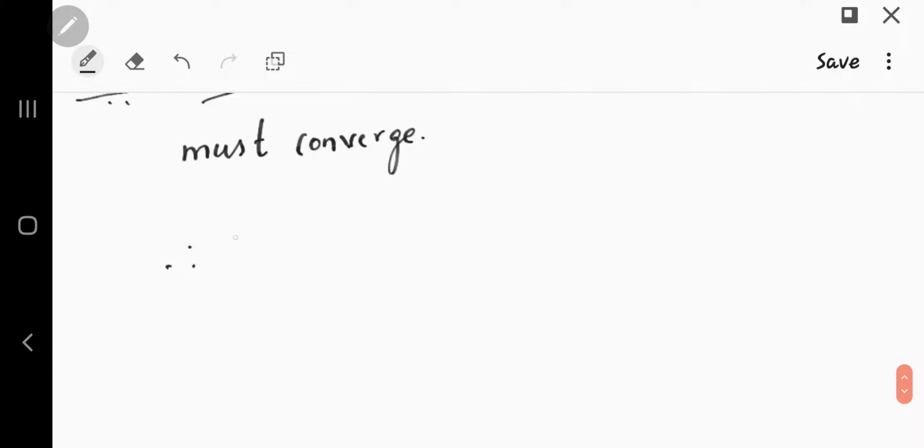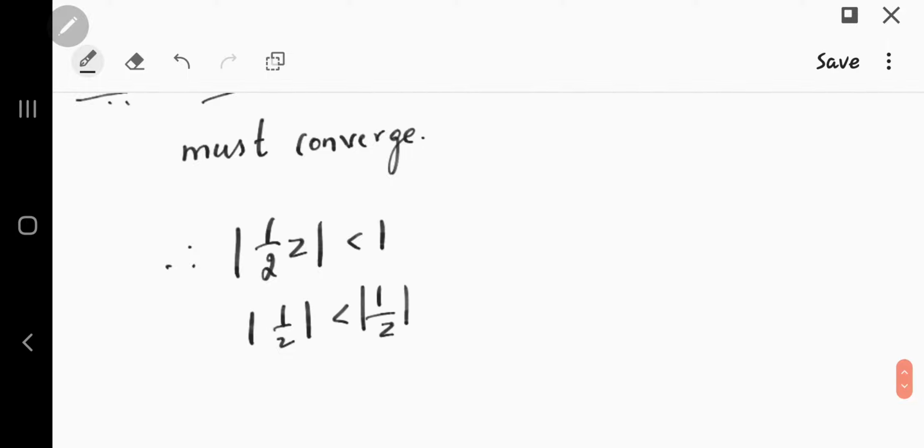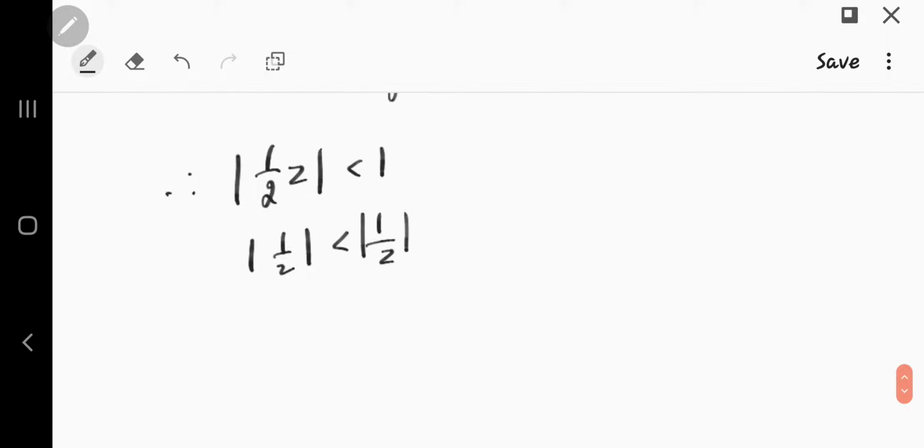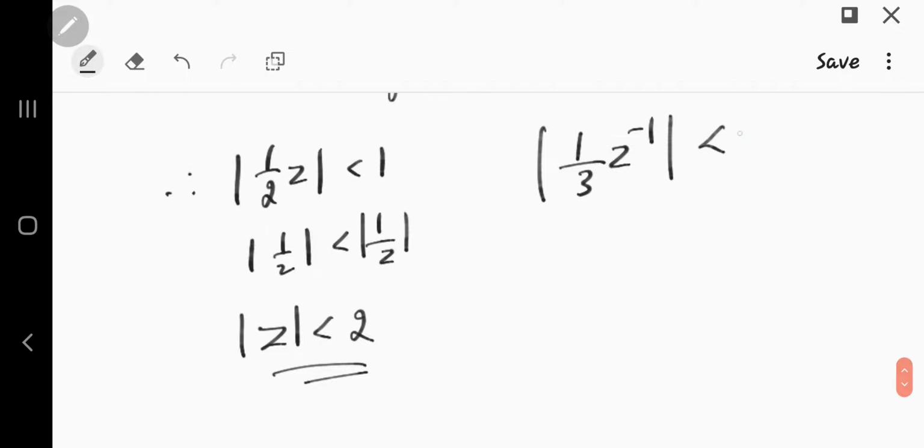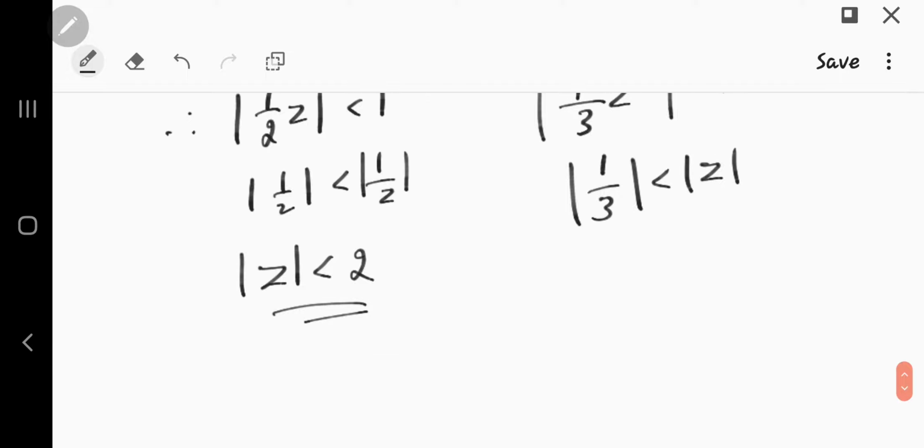So therefore 1 by 2 z less than 1, so that is 1 by 2 less than 1 by z, so that is z is less than 2. Here 1 by 3 z inverse is less than 1, so 1 by 3 is less than z. So if you look at this, z is greater than 1 by 3 and less than 2.